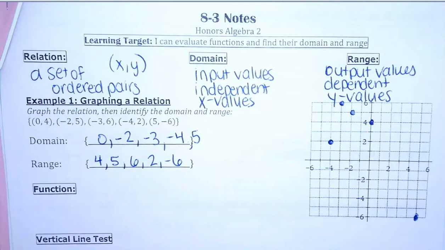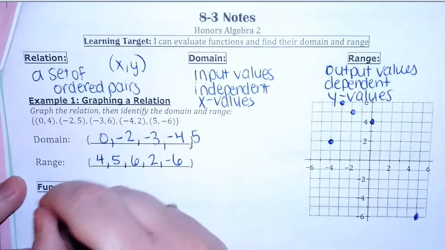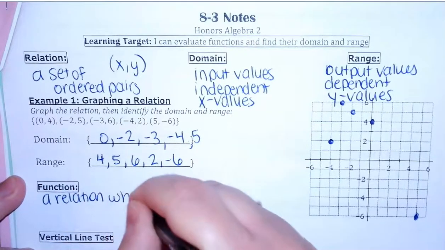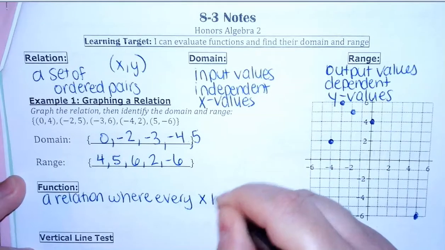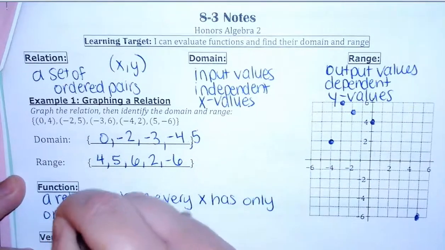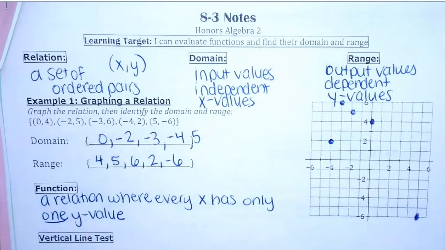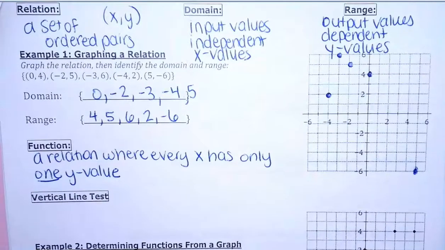And then we're going to talk about what is a function. Okay, so a function is a relation where every x value has only one y value. So if you're a function, every x value can only have its own y value.